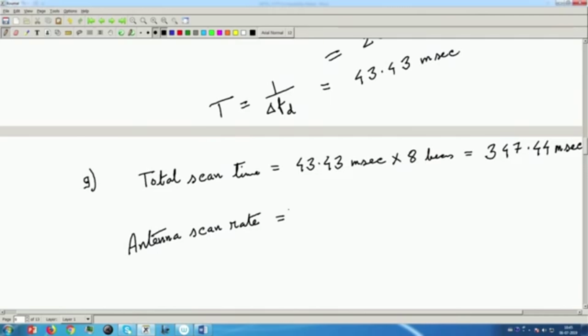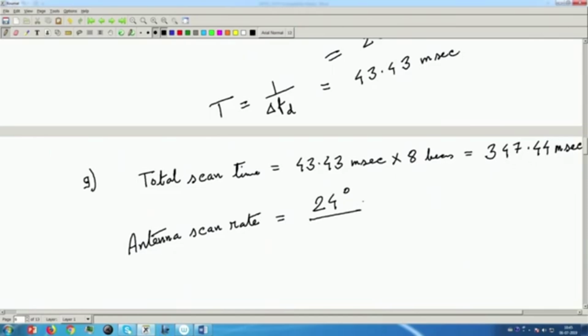So, antenna scan rate I can easily find, because 24 degree is the total sector width that it is covering in this much time.